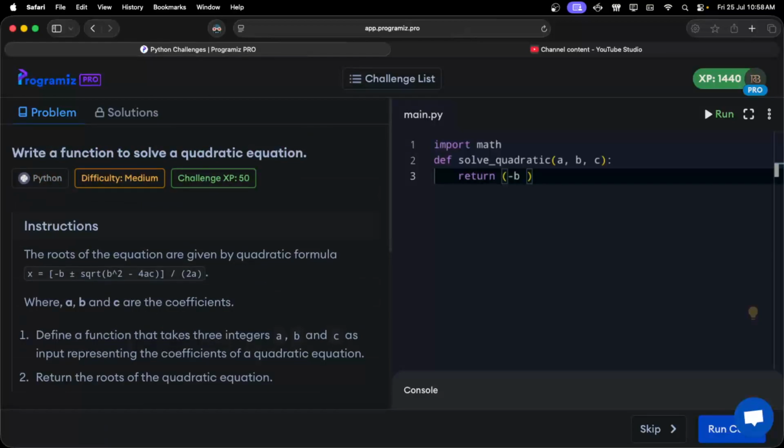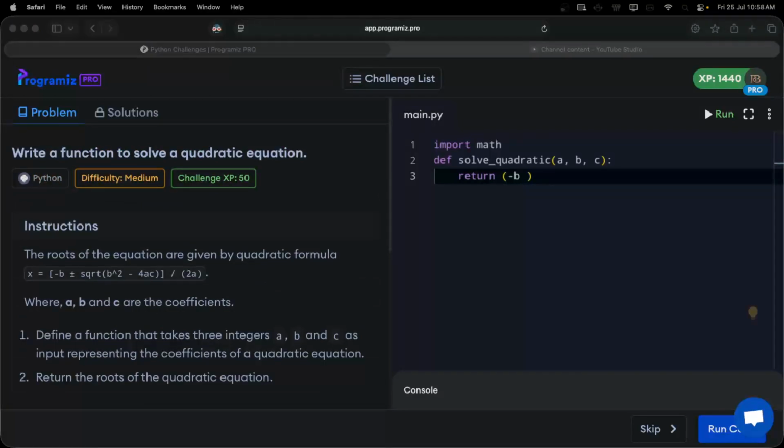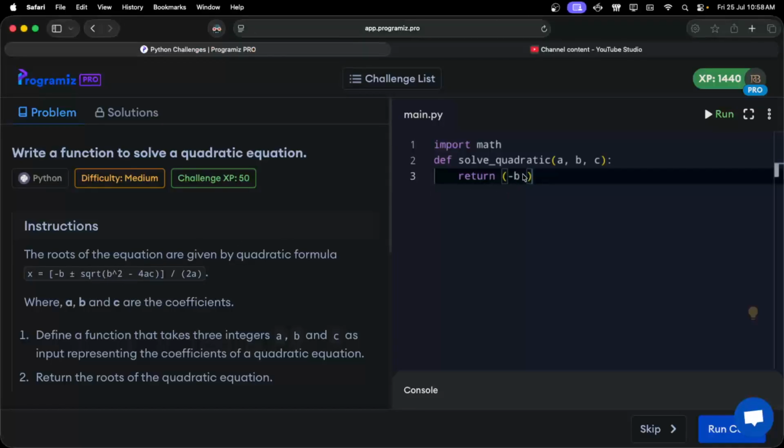So in order to do that, first of all, let's check the square root component, whether that is true or false, right? So that will be our discriminant.